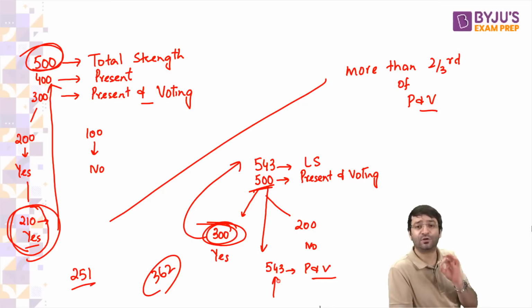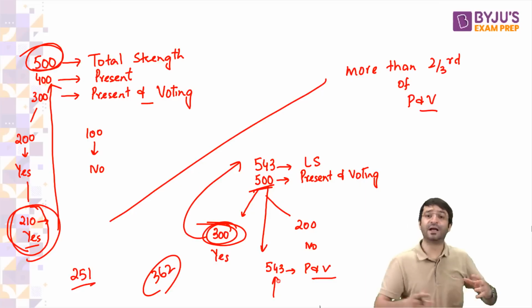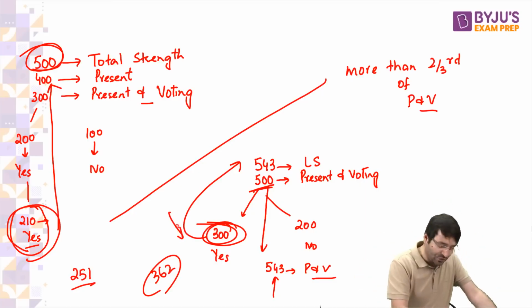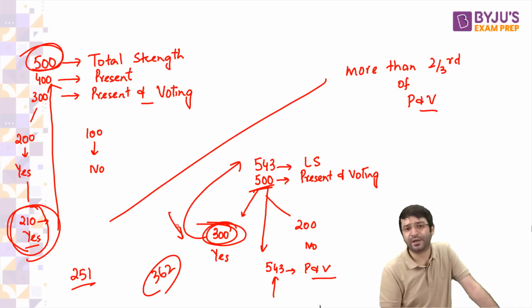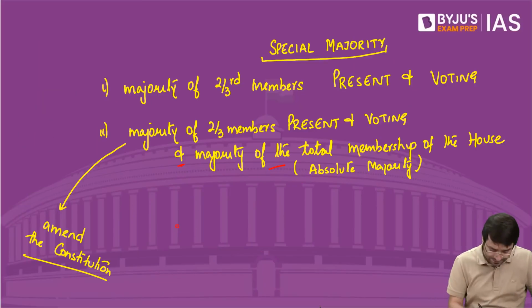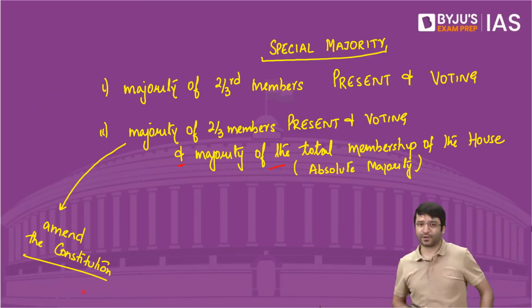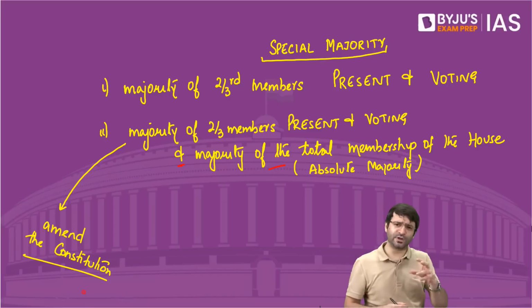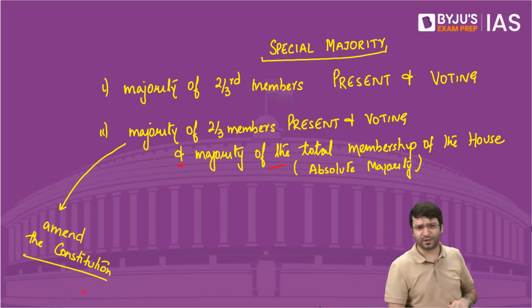That is why we say to amend the constitution, it is difficult. You need to get majority in the parliament. And this type of majority is a difficult majority to obtain. So long story short, we have something known as special majority. One type of special majority is majority of the two-thirds members present and voting.